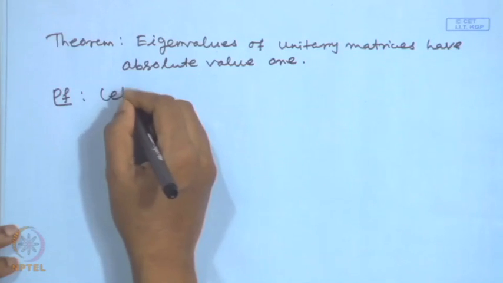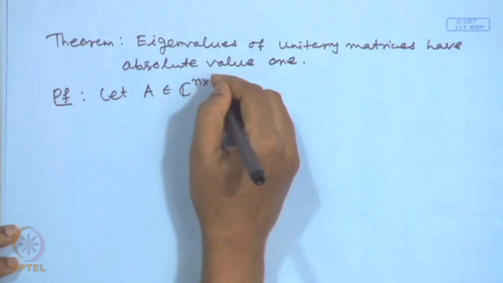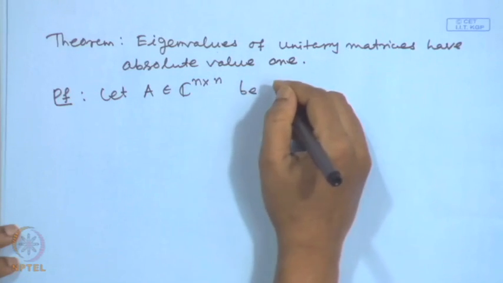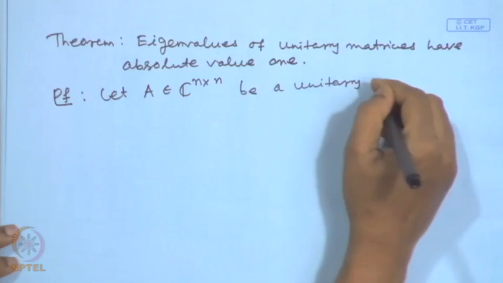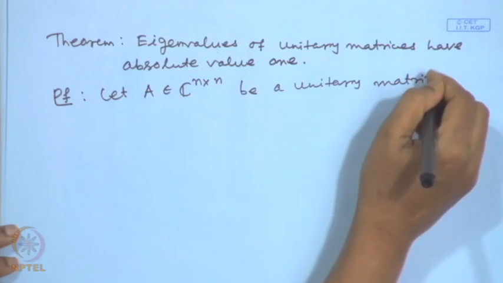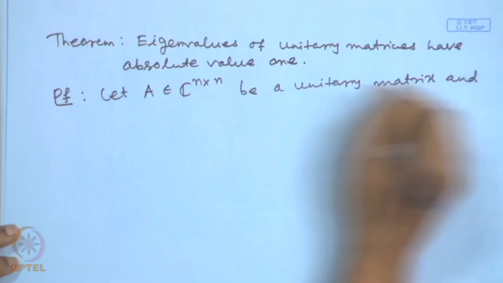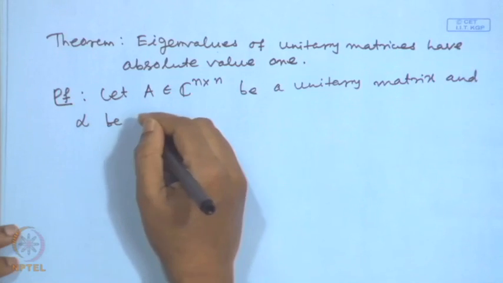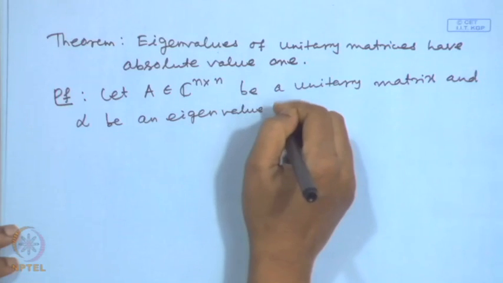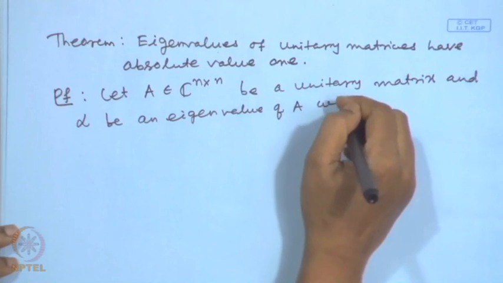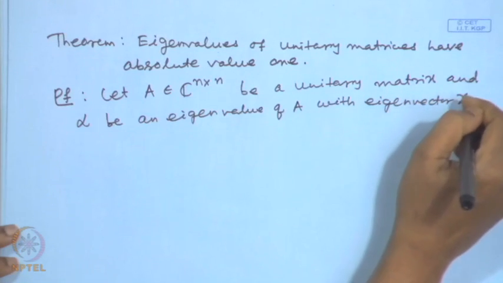So, let A belong to C n cross n be a unitary matrix, and alpha be an eigenvalue of A with eigenvector x, say.